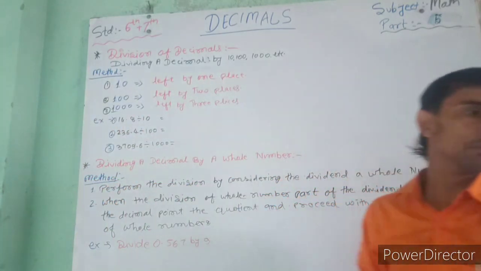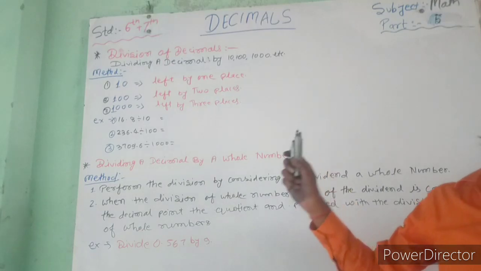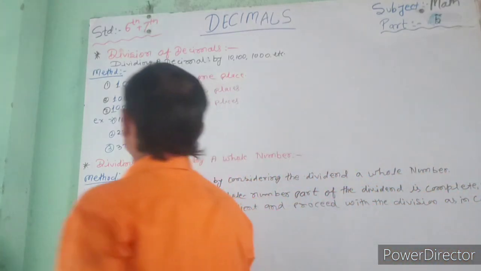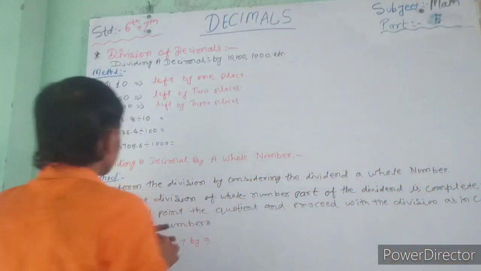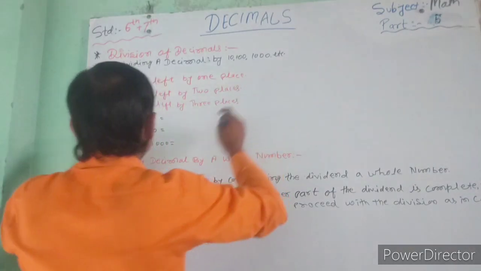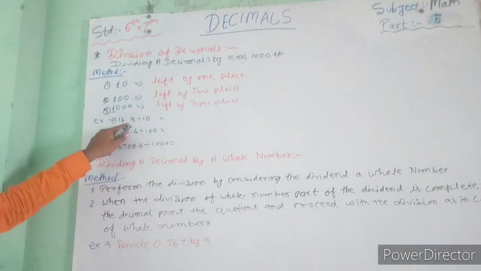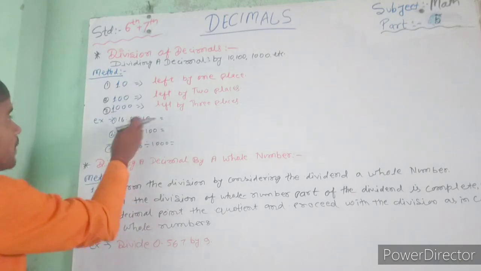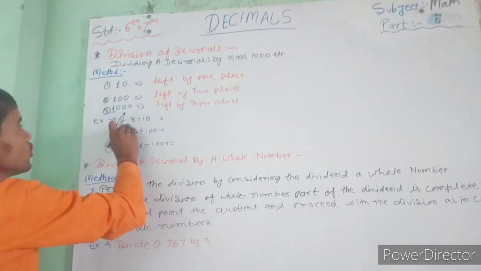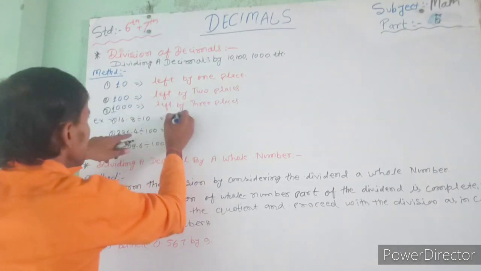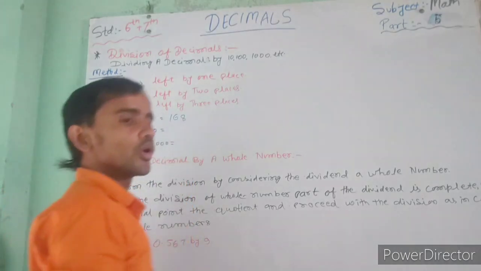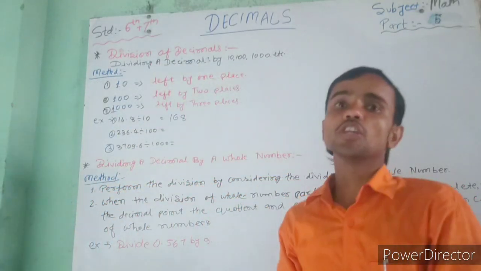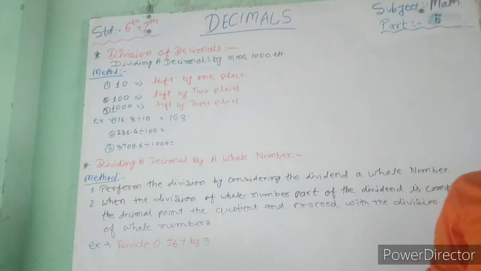So what is your number? When you divide this number by 10, what's your answer? When you multiply, you go to that side, and when you divide, you go to this side. Your answer is 1.68.